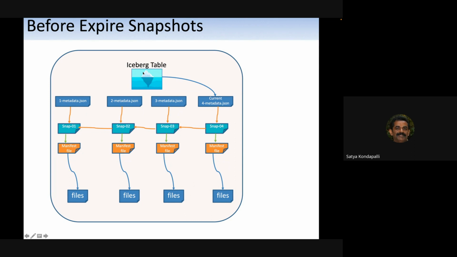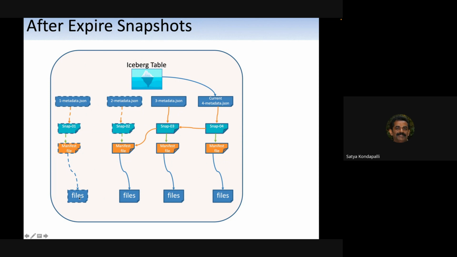Now, when you expire snapshots, for example, let's say you expire this and this, 2 snapshots. Now, this file is covered, for example, because it's already cloned, and if it is a COW table, then you don't want this time travel.